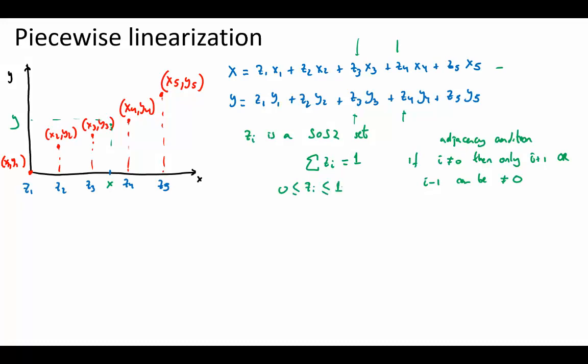Okay, but that's one approach using SOS2 variables, but there are many other approaches that you can use to do linearization. Okay, the next point is to talk about how to handle constraints.